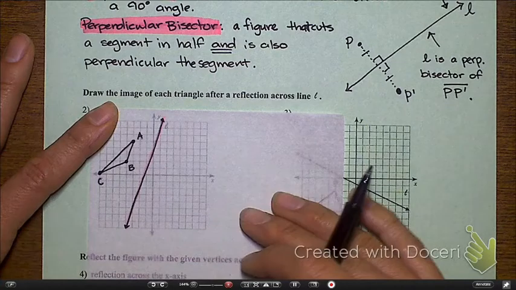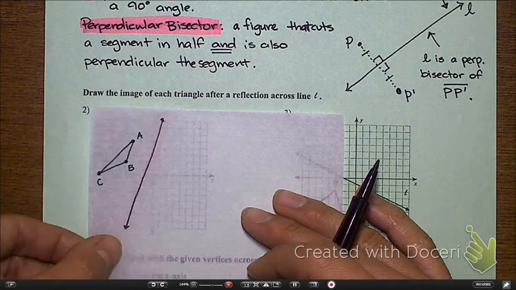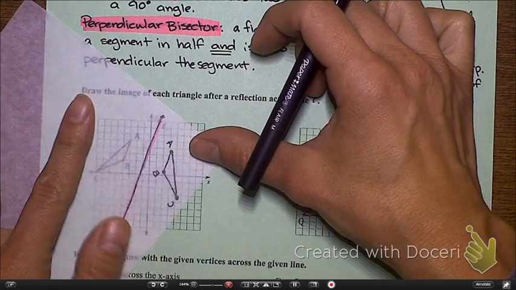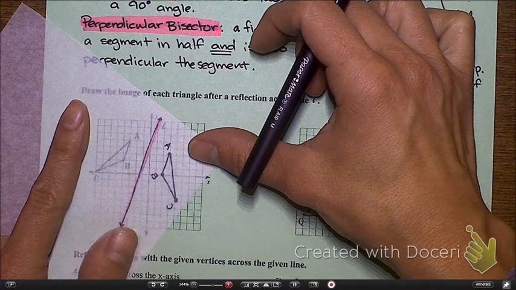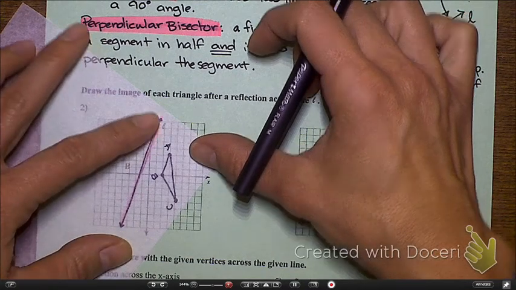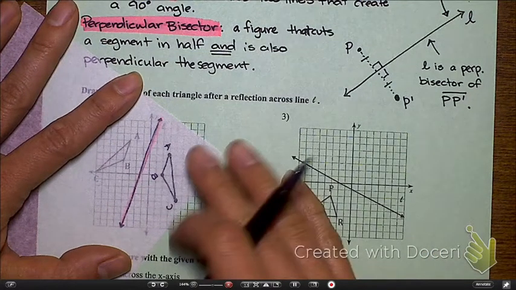Okay, so now what I'm going to do next is I'm going to take my actual trace paper and I'm going to turn it over. And I'm going to line the line of reflection back up, arrow on top of arrow. Okay, and now you can see where the reflected image should end up.